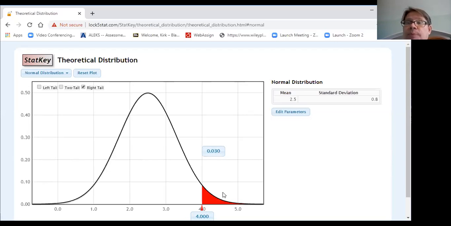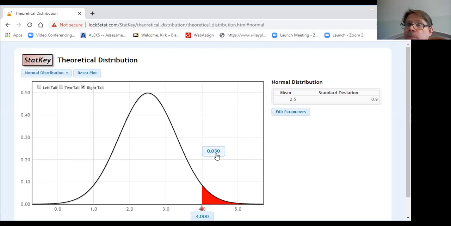And remember, our p-value represents the proportion of statistics that would be more extreme or more unusual than ours. In this case, that means to the right of x bar equal to 4. StatKey reports that that area to the right of x bar equal to 4 is a probability of 0.03.